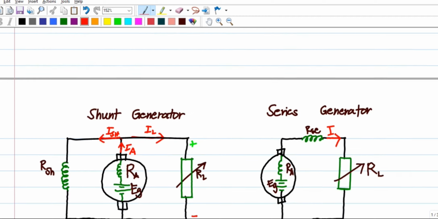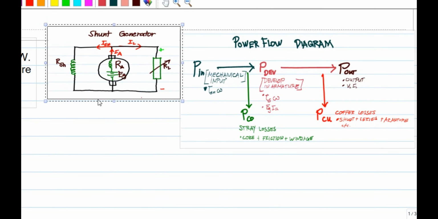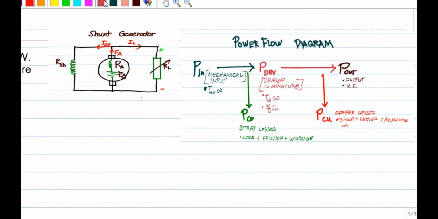We have here the shunt generator circuit, and the power flow diagram, where the shunt generator circuit has RSH.